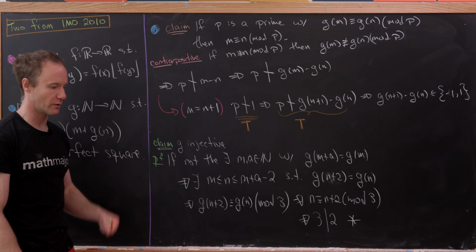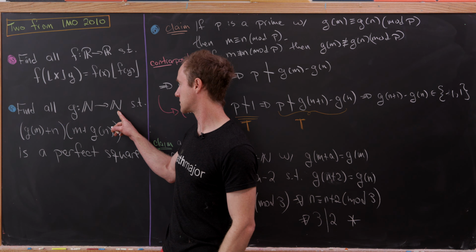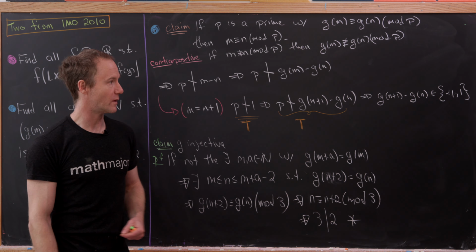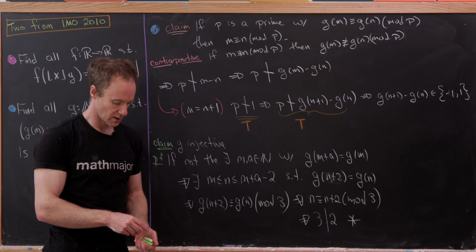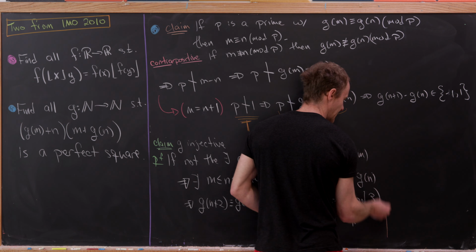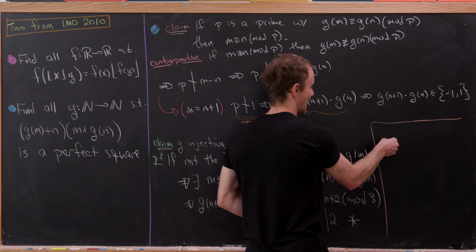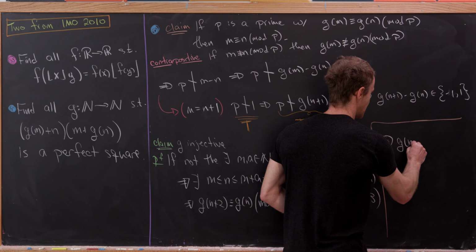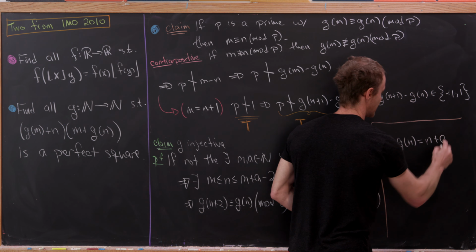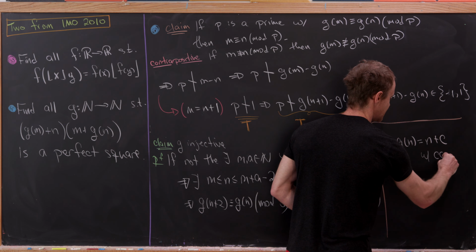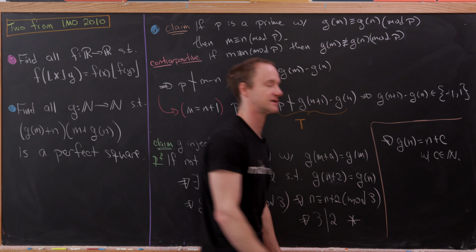But look, if it's always negative 1, then eventually you're going to get outside of the natural numbers. But that means that it always has to be 1. But if it's always 1, then our function is a linear function. And in fact, that tells us that g of n must be equal to n plus c, where c is some constant.